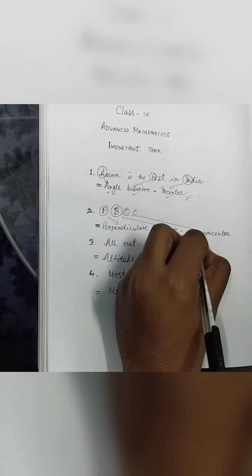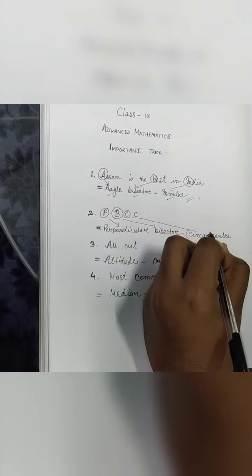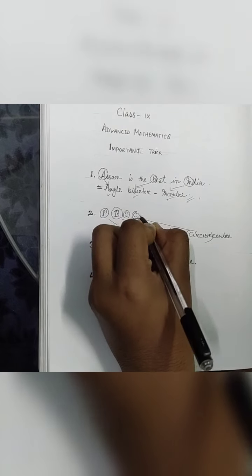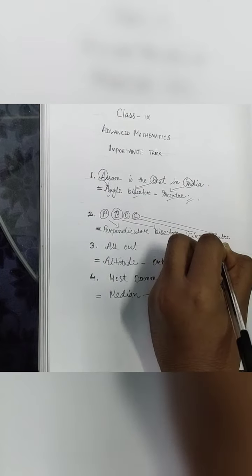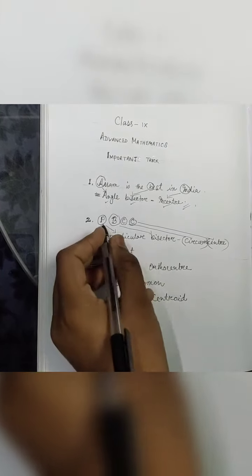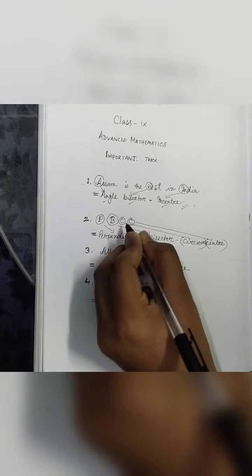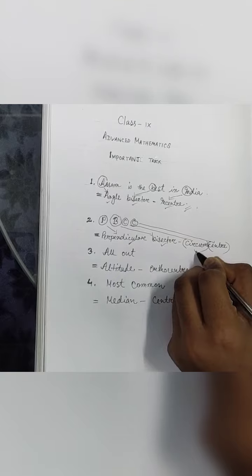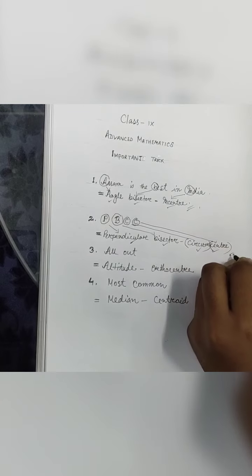The first C represents circum, and the second C represents center. So if you remember PBCC, it will come to your mind that P is for perpendicular, B for bisector, and double C represents circumcenter, which totally means perpendicular bisector cuts in the circumcenter.